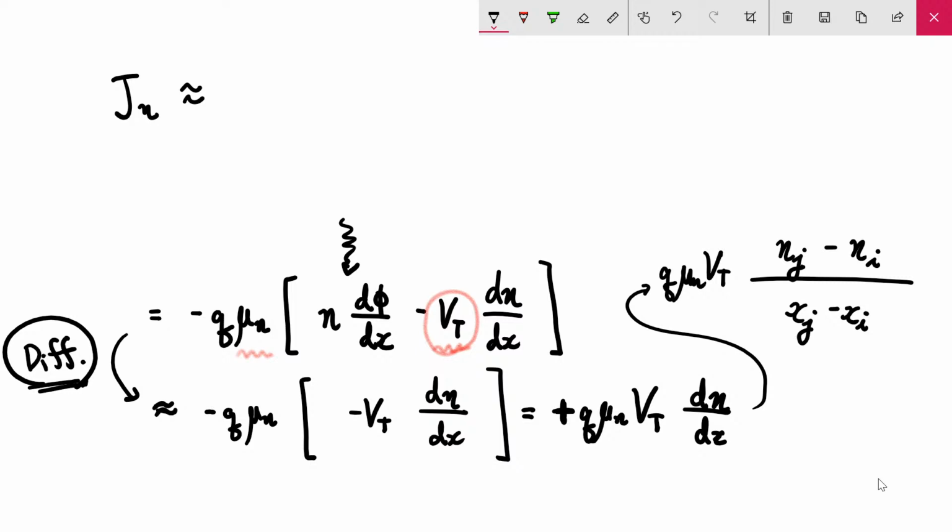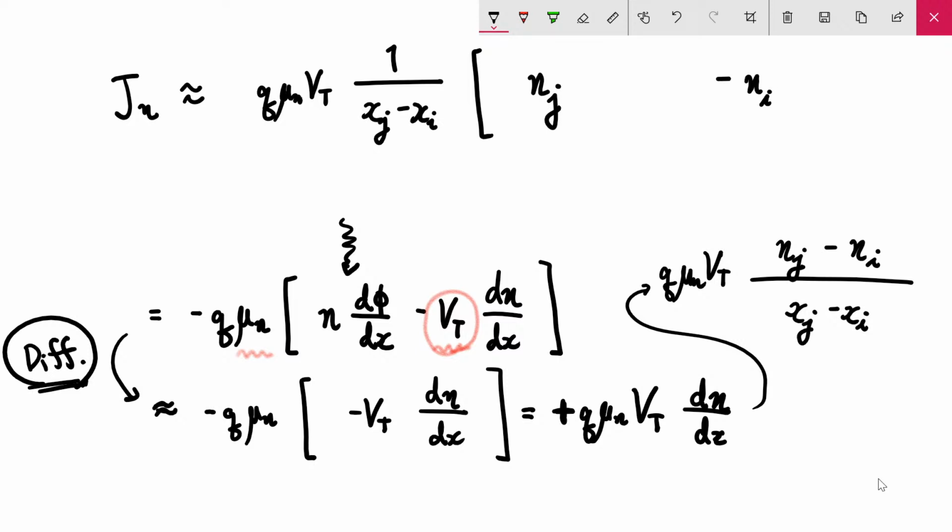Then we can say q mu n Vt and 1 over the position difference, or the length of our edge of interest. Then we will eventually have nj minus ni.